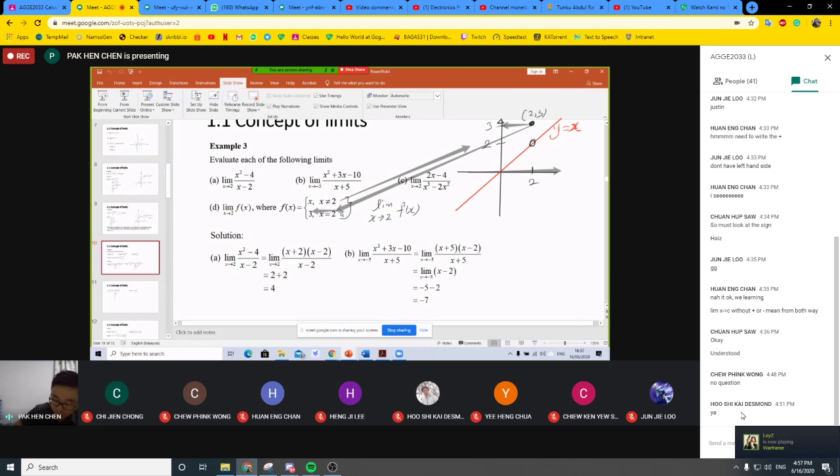Understand? But when we want to find the limit, we are still referring back to this function, isn't it? From the left and right, they approach a value of 2. Which means that when we want to find the limit, we are still substituting the function f(x) with this function x, which is 2.